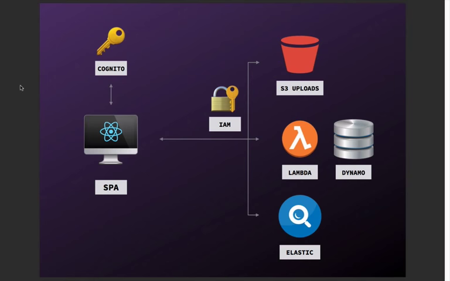So with this model, ideally, you can set up a very secure model where you log in, and for a logged in user, you can specify what they have access to. They can have access to a specific S3 bucket or a specific file within this bucket. They have permission to invoke certain Lambdas, but not others, and run certain queries, but not other queries to Elasticsearch.